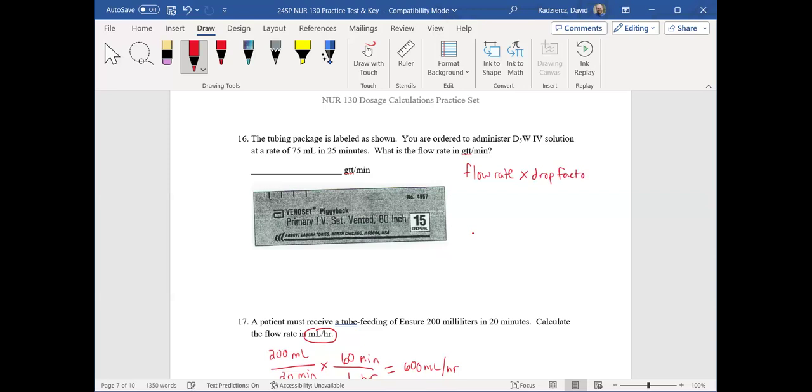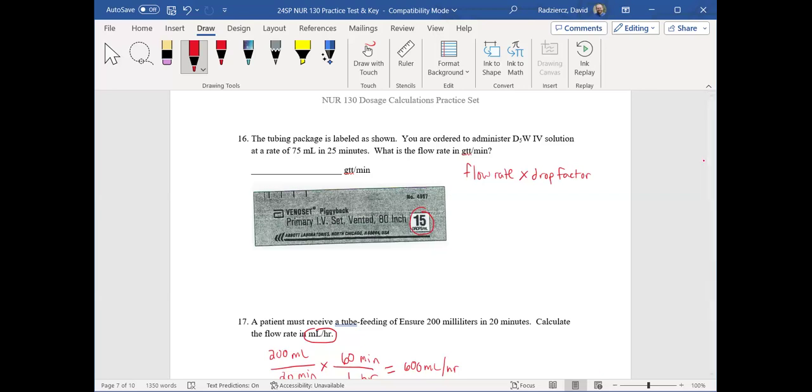Now, the drop factor will be given to you. It'll be listed, such as right here. It tells us on the label, that's our drop factor. If it's not listed and they say something like microtubing is 60 drops per milliliter, 60 drops per milliliter, if you see that, you might see that on ATI.